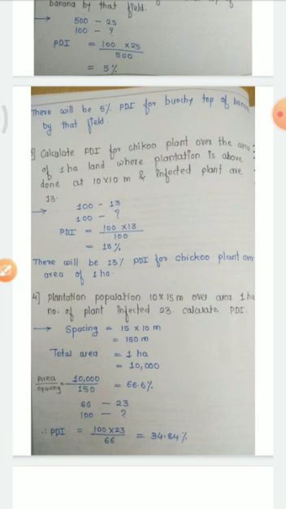First of all, you should mention the given data: area is about 1 hectare, the spacing is 10 by 10 meter, and the infected plants are 13.